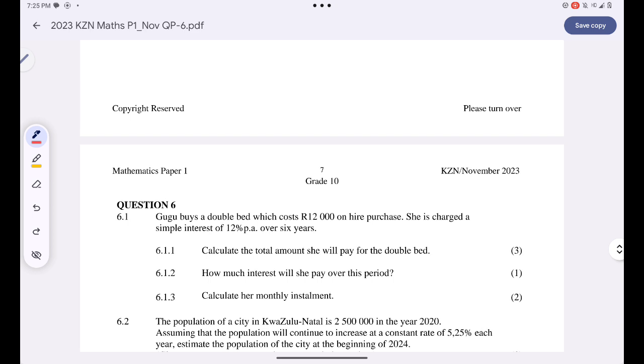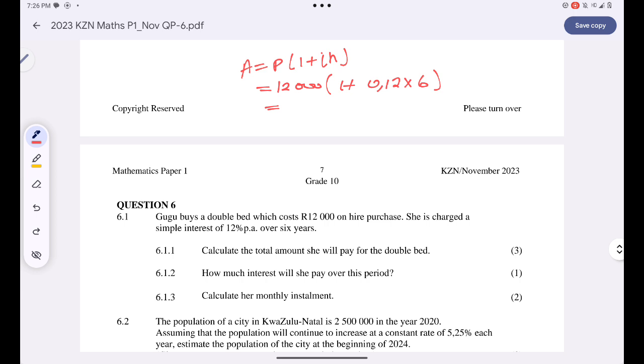We have a simple interest, so it simply means that A is equal to P(1 plus IN). We want to find the value of A. The principal amount, the double bed, costs 12,000 rands. I have 12%, that's 0.12, over 6 years, multiplied by 6.